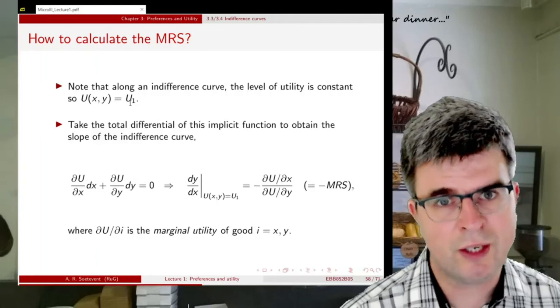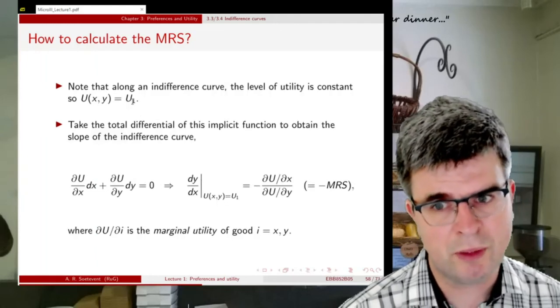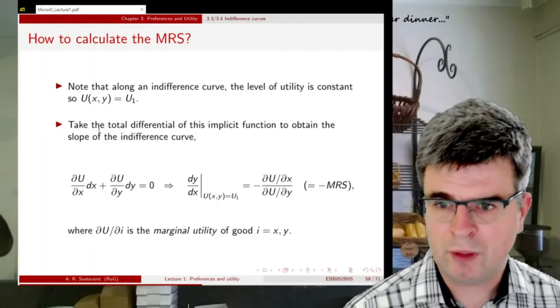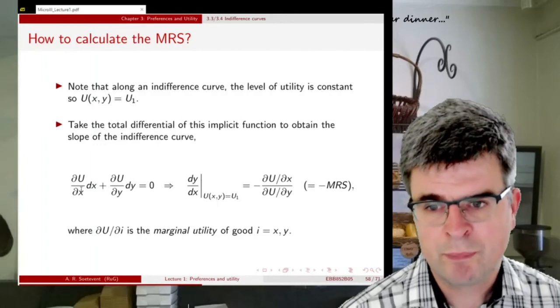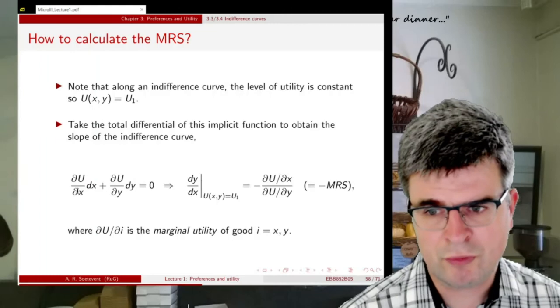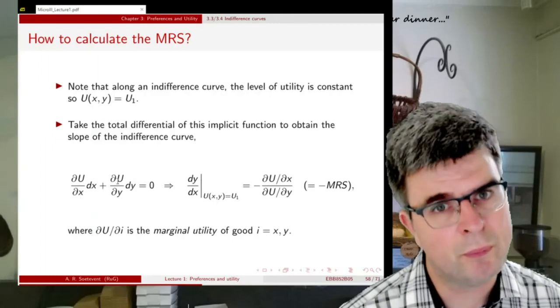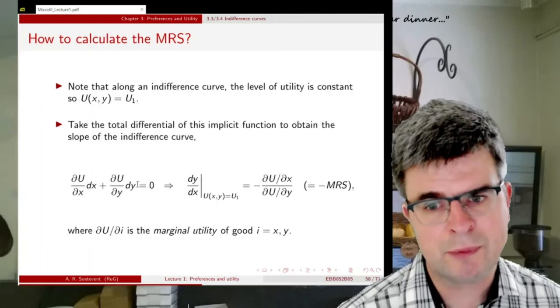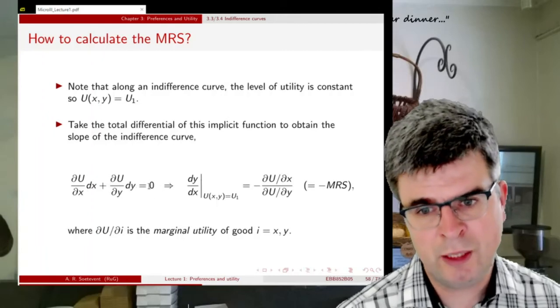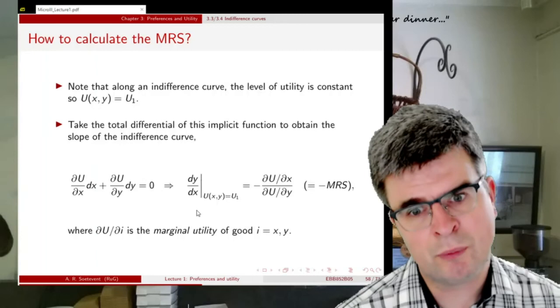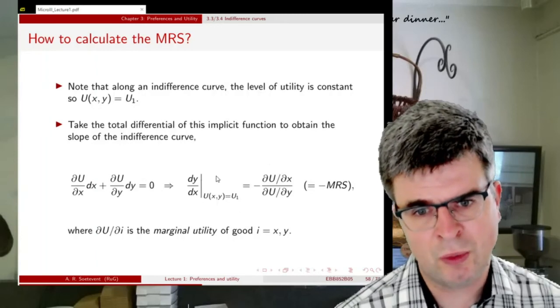Well, on the right hand side, the resulting expression is 0 because this is a constant, and on the left hand side we have the partial derivative of u with respect to x times dx plus the partial with respect to y times dy. This should equal 0, so we can rewrite this expression as follows.